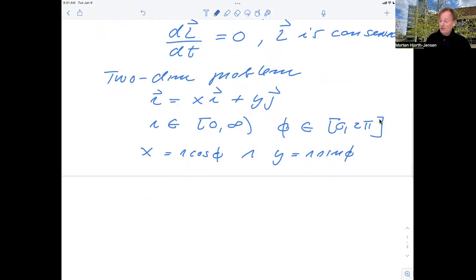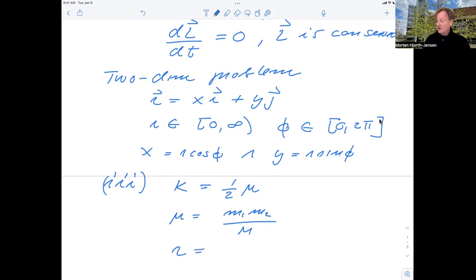Then what we found is that the kinetic energy could now be rewritten in terms of the first derivative of the relative position. So r here is now the relative position. Actually, it's the absolute value. And we have that K is given by 1/2 times the reduced mass, where we have defined the reduced mass as m1 times m2 divided by the total M. And let me quickly remind you that r is given by the square root of x squared plus y squared.